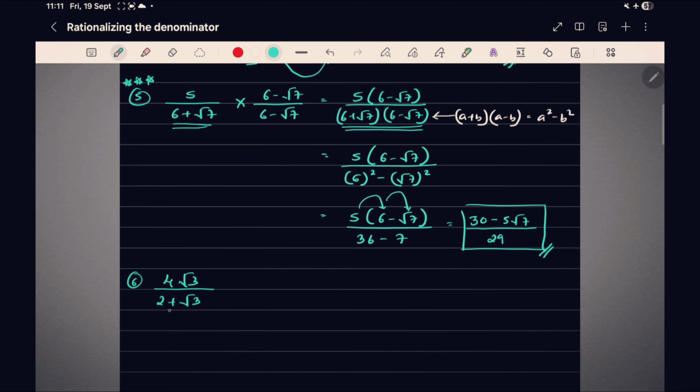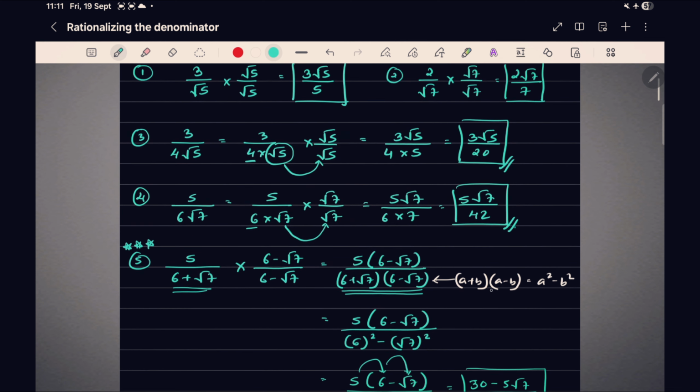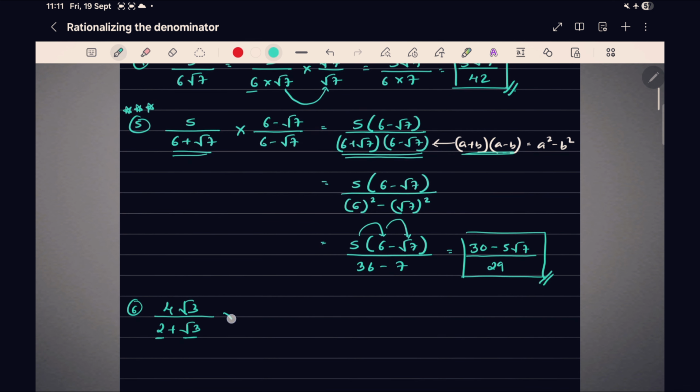So again, हमारे पास क्या है? A plus B. So of course we need A minus B, क्योंकि हमें पता है we have to generate this situation in the denominator. So multiplying by 2 minus root 3, और जैसे कि पहले भी कहा, सिर्फ डिनोमिनेटर नहीं न्यूमरेटर में भी रख करना पड़ेगा आपको मल्टीप्लाई, so that the fraction stays equivalent.